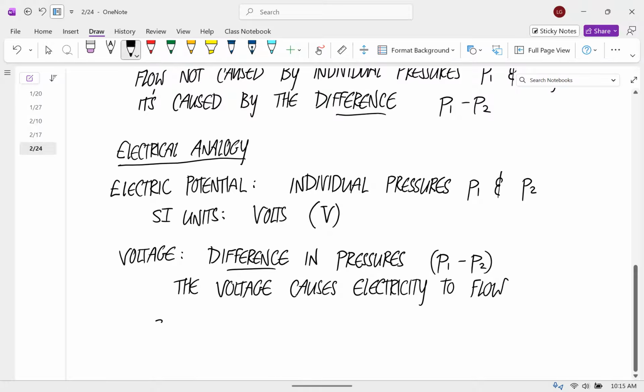So the SI units are volts again. Makes sense for voltage. And so those electric potentials at various points in your electric circuit, those are things you can measure and whatever. But what is going to matter always is the difference in electric potential from this point to this point. That's the thing that makes electricity flow from one point to the other.